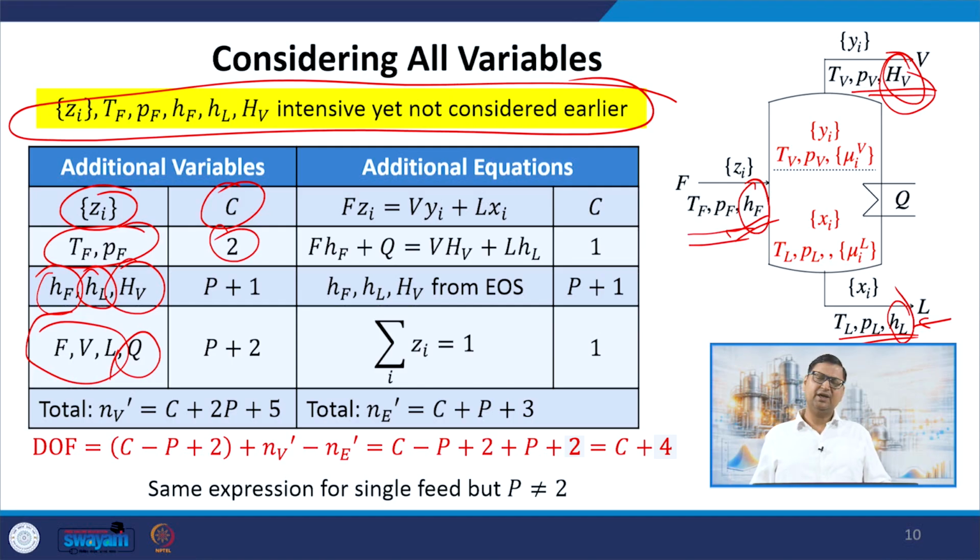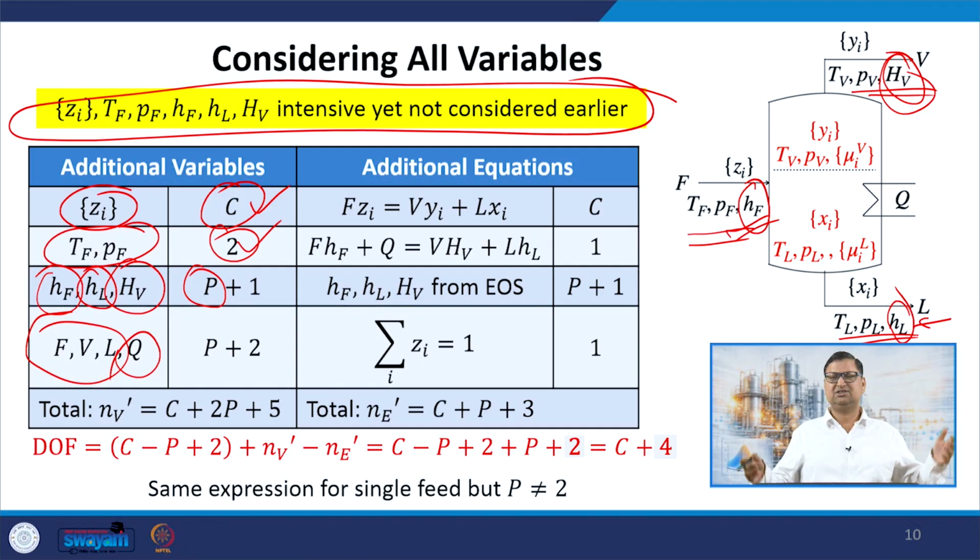So, I am here doing it for only 2 phases, but the counting I am doing considering a general P, right. So, we have C overall mole fractions, 2 additional variables because the feed is the same as long as we have a single feed. But then if you have, let us say, P phases, then you will have P plus 1 outlet streams, right.